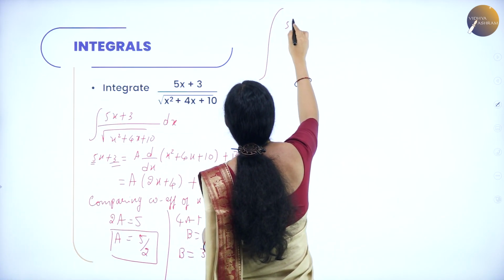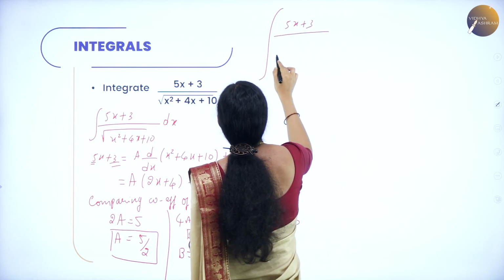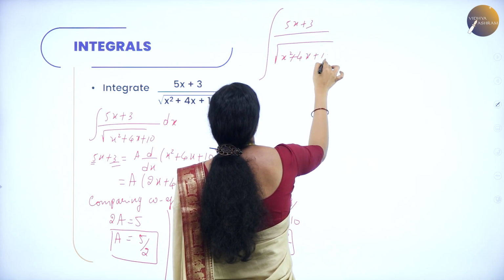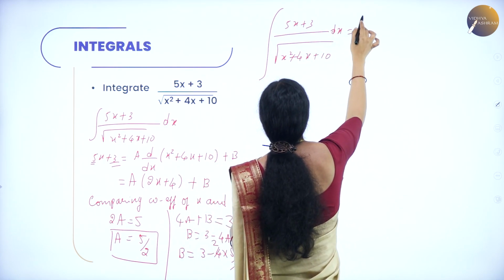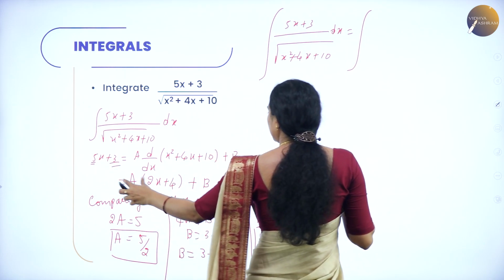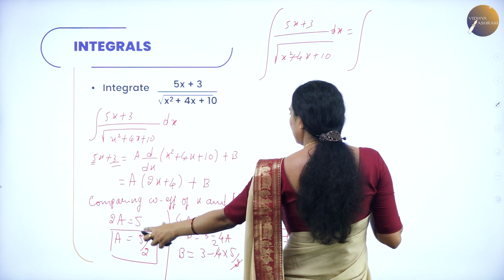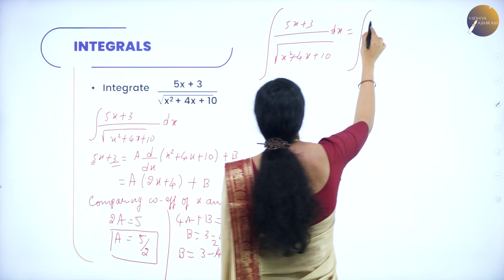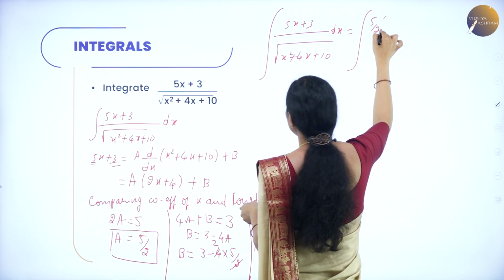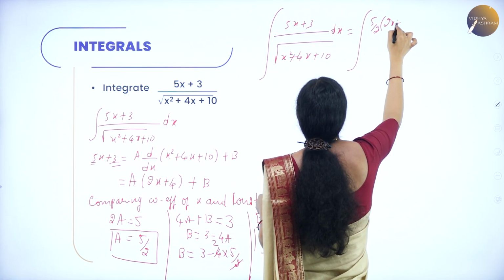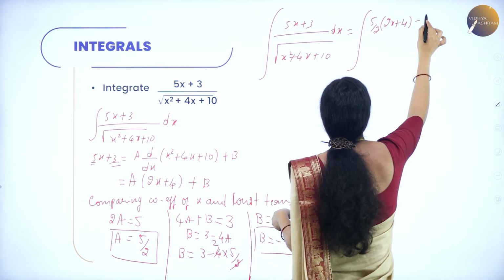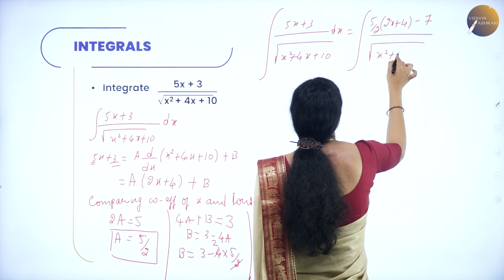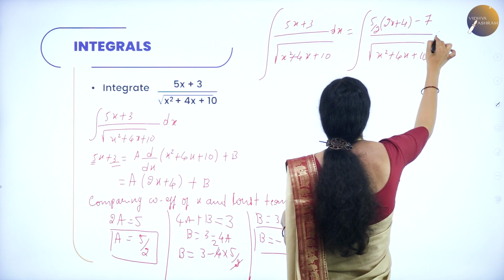Now writing that integral: integral of (5x plus 3) under the root of x squared plus 4x plus 10 into dx can be written as, observe dear students, 5x plus 3, I am writing this, substituting the a value 5 by 2 and the b value minus 7. So it will become 5 by 2 into (2x plus 4) minus 7, divided by under the root of x squared plus 4x plus 10, into dx.